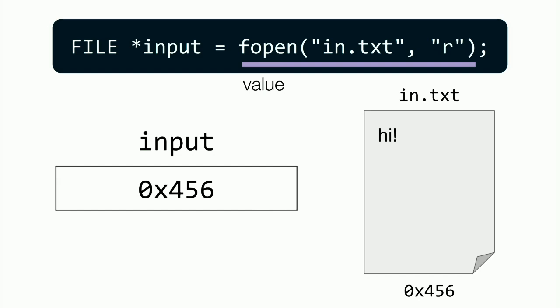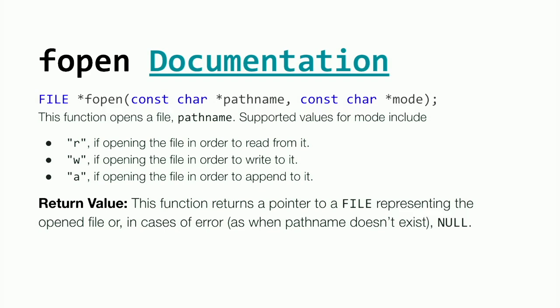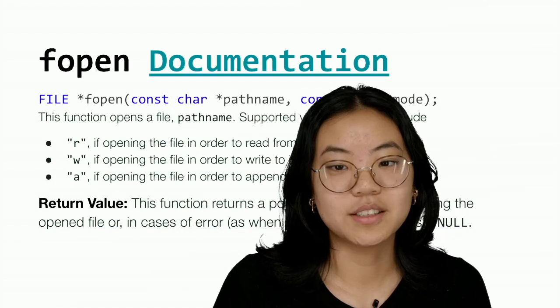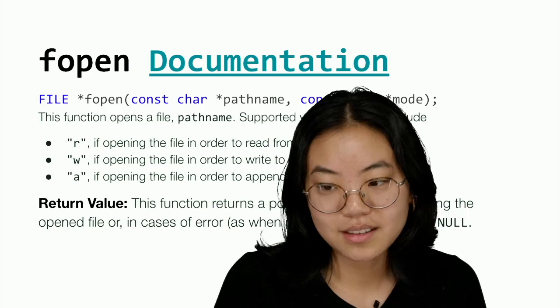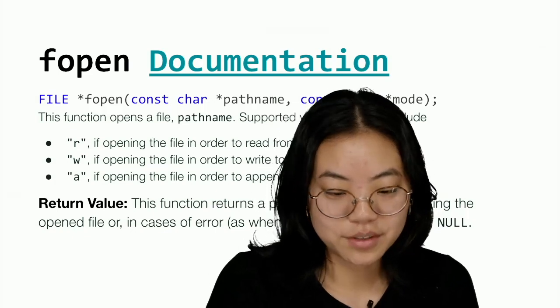And so you might wonder, how do we actually know what fopen is returning? This is a good chance to read some of the documentation that we have for functions like fopen. This is an excerpt from CS50's manual. It's also linked there, so you can feel free to go and read that.